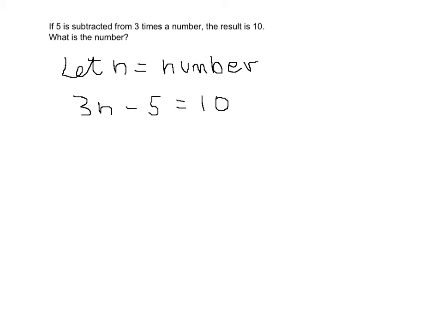That's the real important part. We're subtracting 5 from 3 times a number, and the result is 10. Now we solve this, and you should be able to solve this pretty quickly. If we solve it, we get n is equal to 5. And so, as you were told, the number is 5.